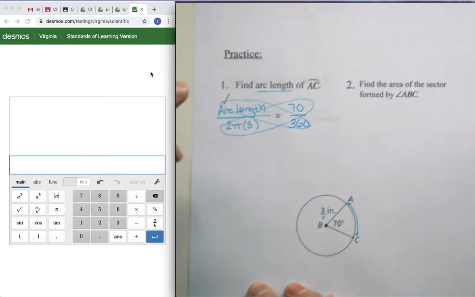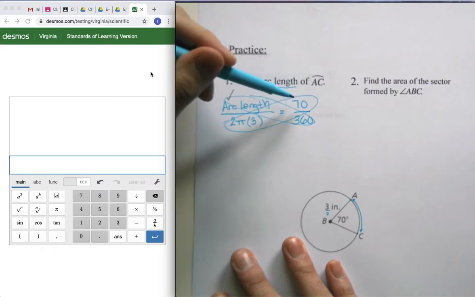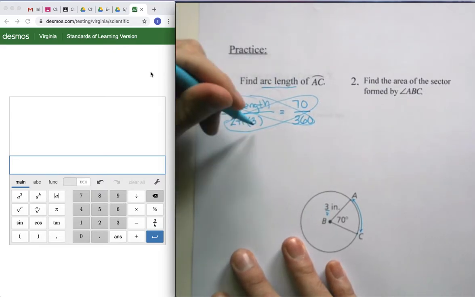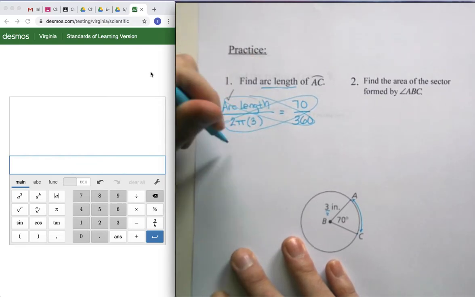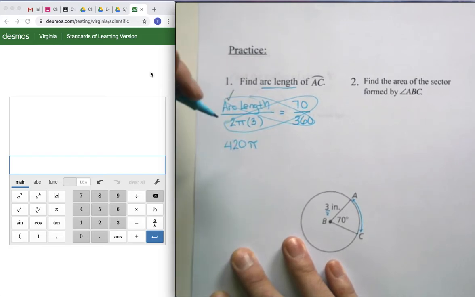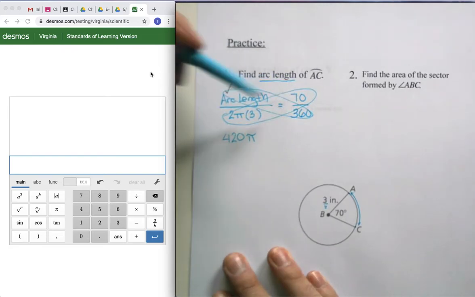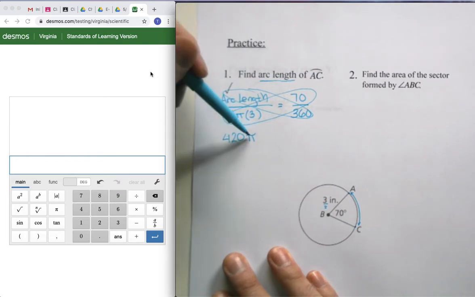So I'm going to go 70 times 2 times 3. Okay, so 70 times 2 times 3 is 420 pi.